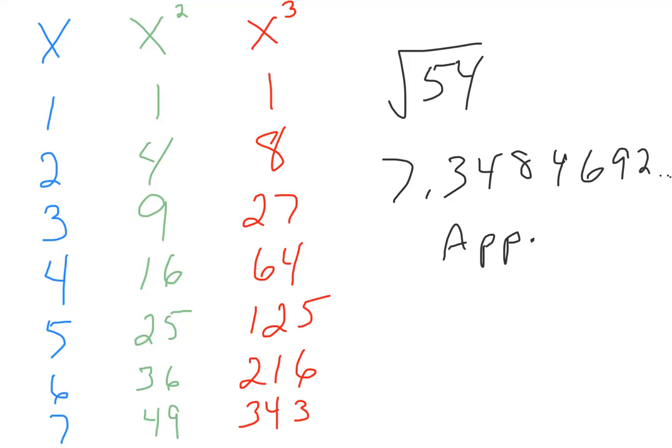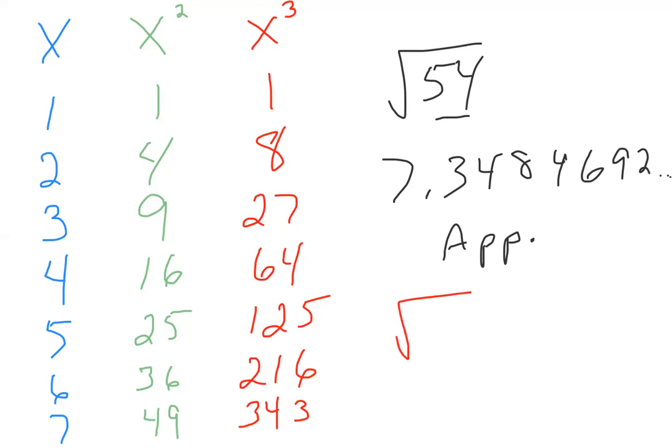So when we want exact answers, when it's not a perfect square, what we do, like with fractions, is simplify it. And we simplify it based on the factors of 54, but the factors of 54 we're really worried about are the ones that have a perfect square. So 54, what number goes into 54 as a factor?